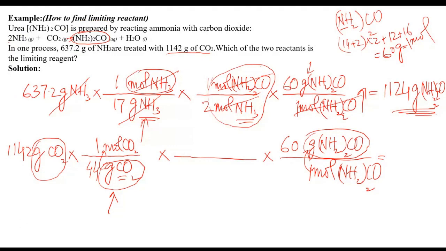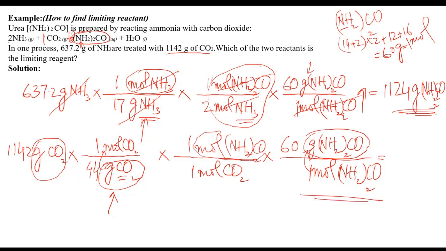1. 1 mole. Very good. That is 1 mole here. So you will write 1 mole of carbon dioxide down. And what will you write up? How many moles of urea? 1 mole of urea. Here is a trick. What is written here, write the same here.